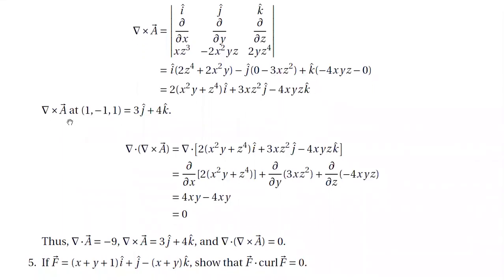Now del cross vector A or curl of vector A is equal to this value, and if you want to calculate the value of curl of vector A at this given point, put x as 1, y as minus 1 and z as 1 in this expression. So if you solve this, you get 3j plus 4k.